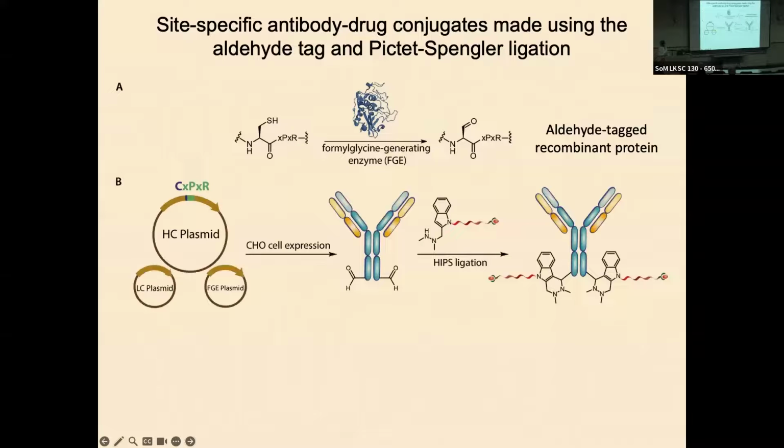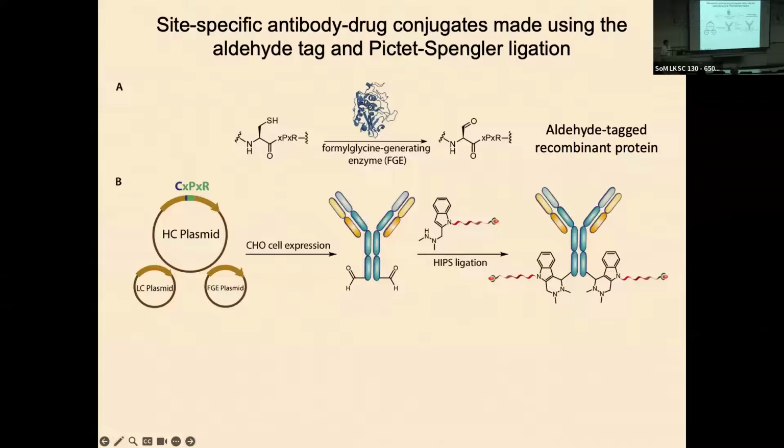And so what we do is we clone that sequence where we want that aldehyde to be in either the heavy chain or the light chain gene, and then we express the heavy chain and light chain in CHO cells or HEK cells together with a little extra FGE, and those cells start cranking out the antibody where there are now aldehydes at the site that we had encoded with this motif.